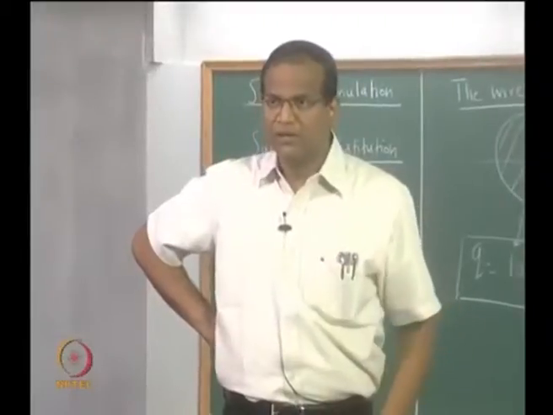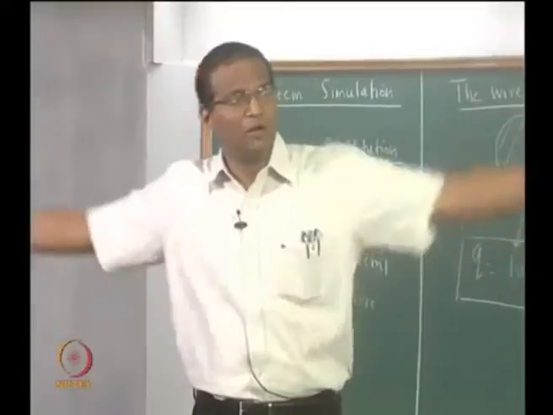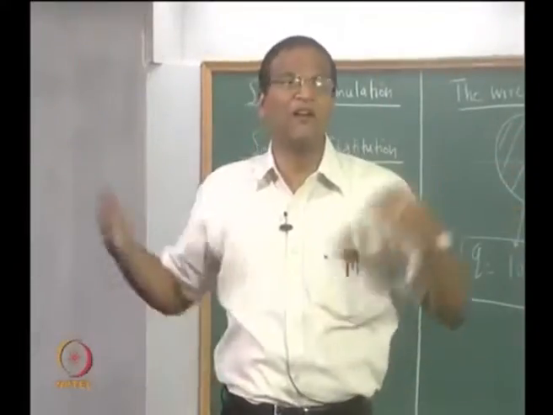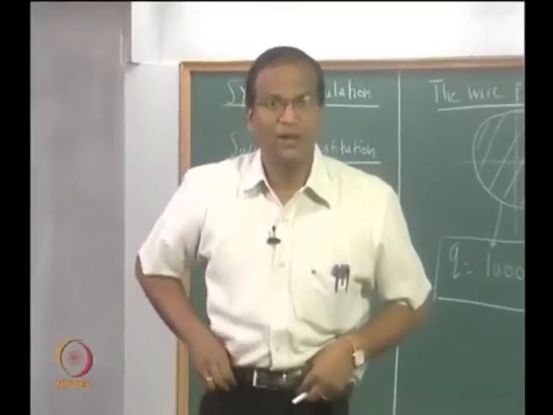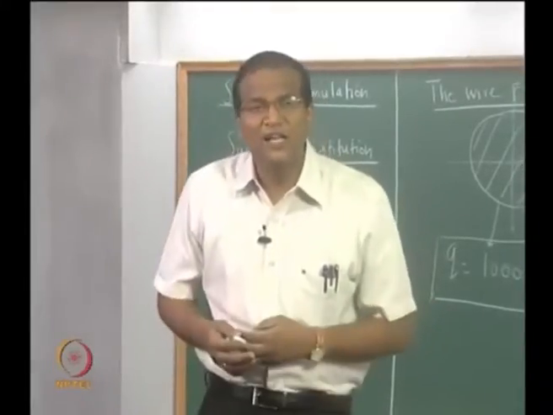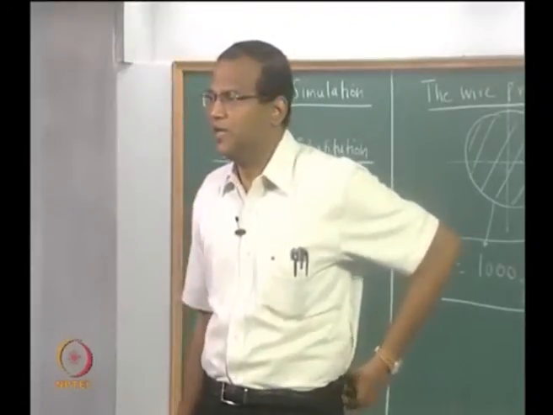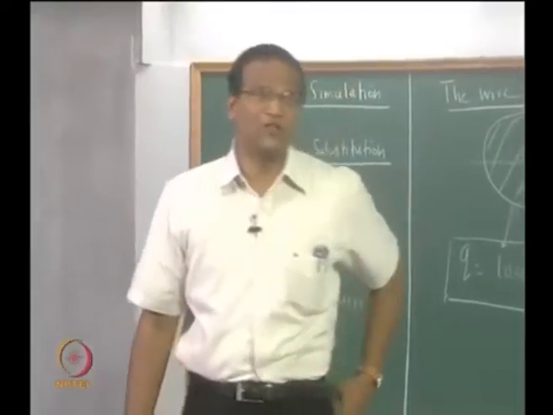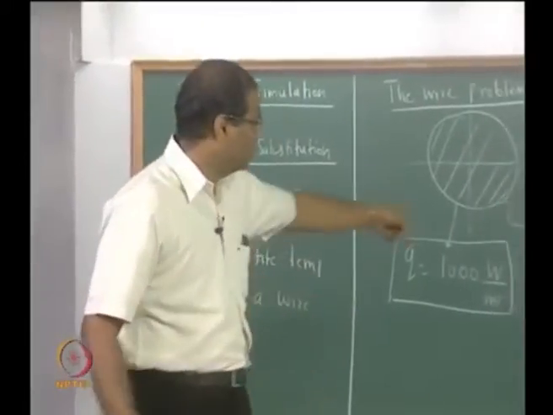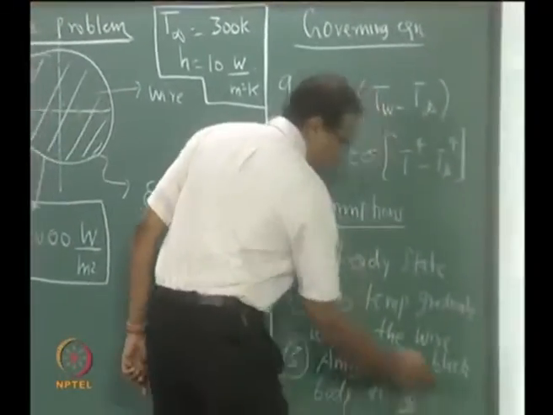It is possible that in a room like this you may have a T infinity for the convection, but because of reflectors and all these things you may have a different surrounding temperature in so far as radiation is concerned. But generally, unless otherwise stated, the T infinity for radiation can be considered to be the T infinity for convection. This is not always true. Okay. So already I have written this, ambient is a black body at T infinity.